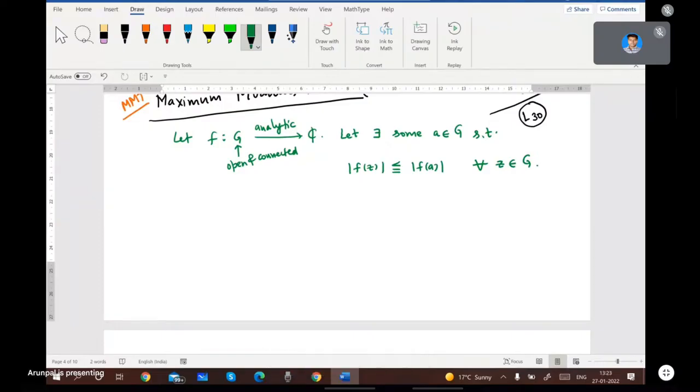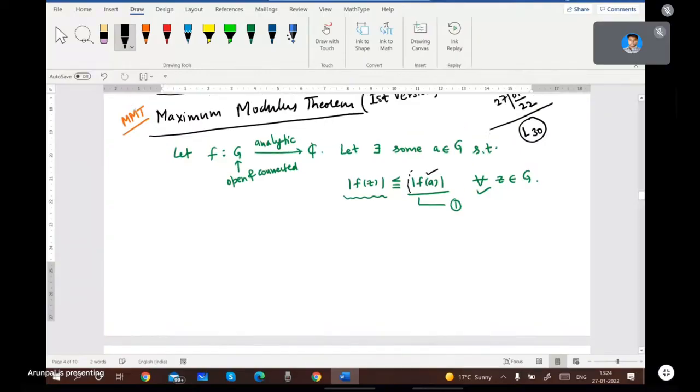So class, let's have a quick interpretation of this condition 1. It means that the function is bounded on G, because as you can see the values of the function for all elements in G are smaller than this number. And moreover, you can see that this number is one of the values of the function, attained by the function at A. So condition 1 says that the given function is bounded, and moreover it attains its bound.